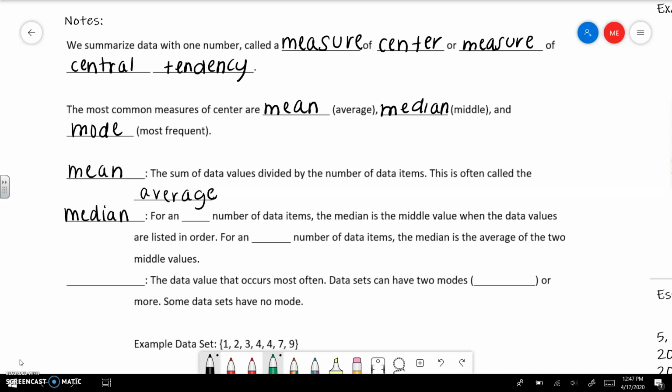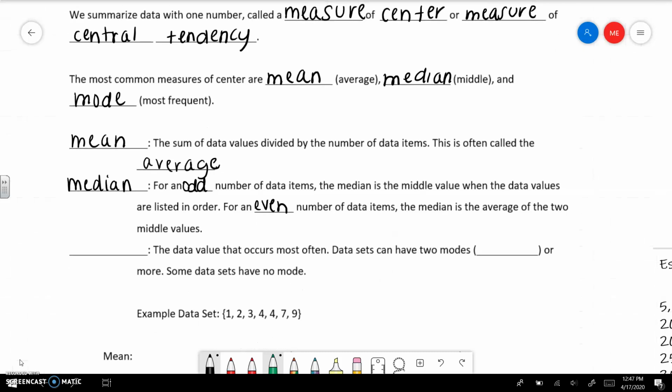For an odd number of data items, the median is the middle value when the data values are listed in order. For an even number of data items, the median is the average of the two middle values.